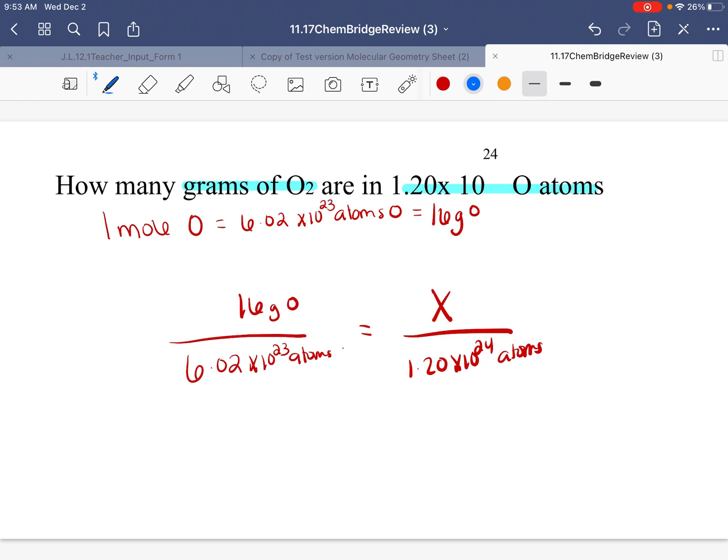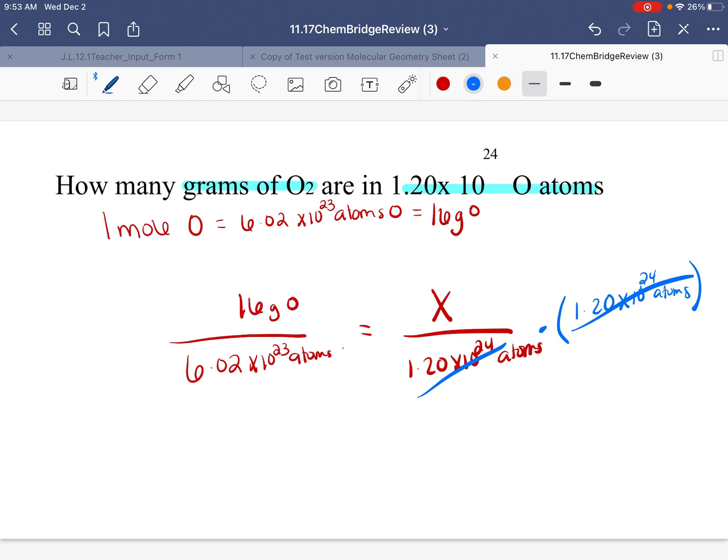So from here, what I want to do is isolate x, right? So I'm dividing by that value of 1.20. So I need to do the opposite to cancel it out. So I'm going to multiply times 1.20 times 10 to the 24 atoms. Because if I multiply, it cancels each other out. So I'm left with x by itself.